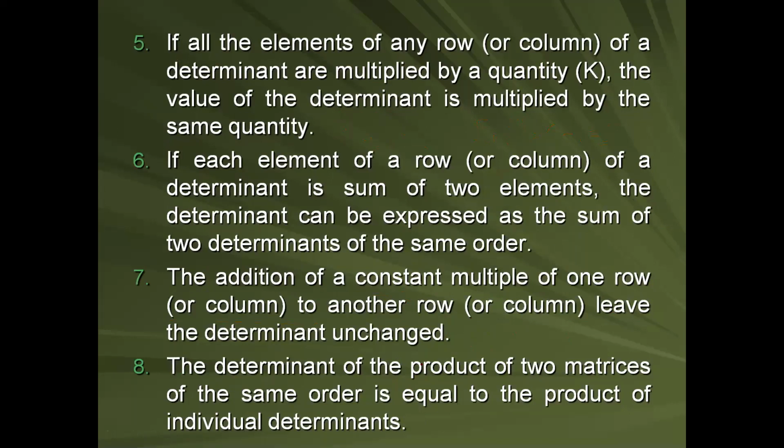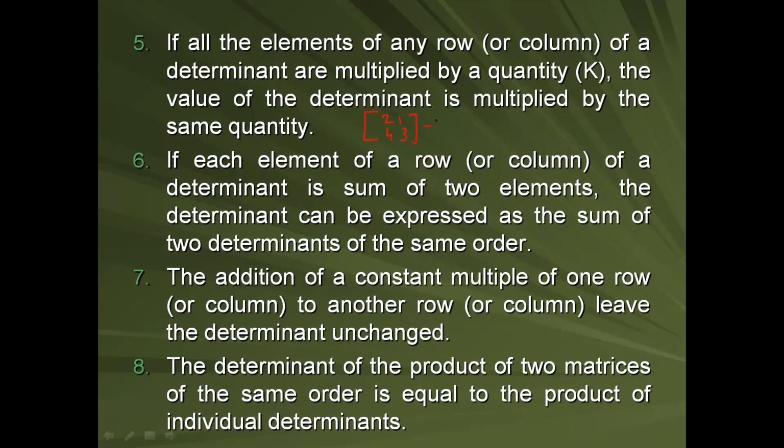Now, if all the elements of any row of a determinant are multiplied by a quantity k, the value of the determinant is multiplied by the same quantity. That means, see, I will explain by an example. Suppose you have, let's say, 2 1 4 3.